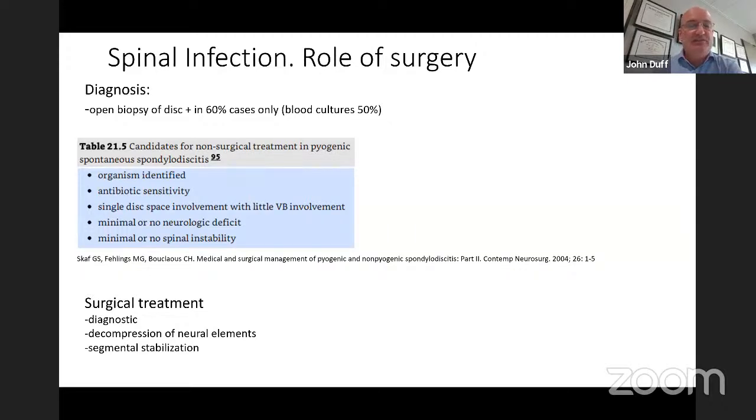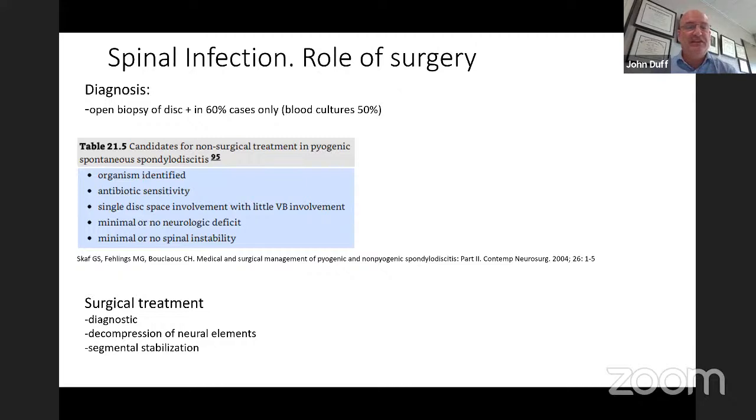And if you look at this table here, these are the candidates for medical management of pyogenic spondylodiscitis. So if you have an organism that's identified, if it's sensitive to some of the antibiotics that we have, if it's a single space infection with little vertebral involvement, minimal to no neurological deficit, minimal to no spinal instability.